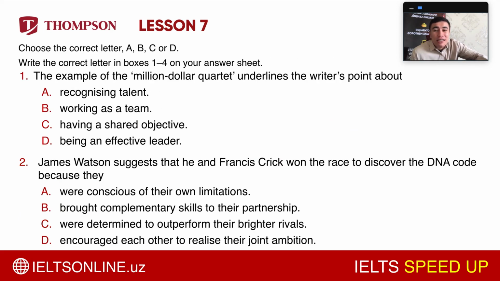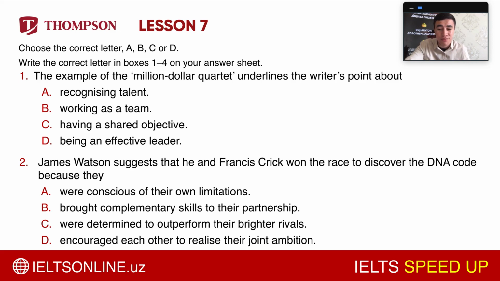And so it's nothing about talent. So working as a team, we didn't have any information about this. Okay, having a shared objective. So the answer is C. These other four became successful because they believed in this ambition, and he was not, and nothing about leadership.